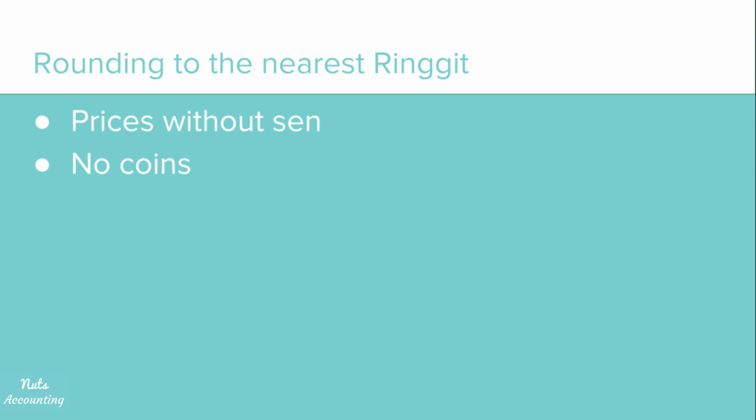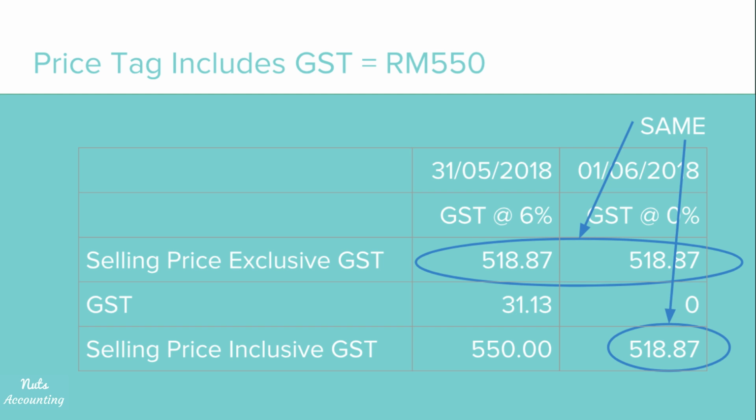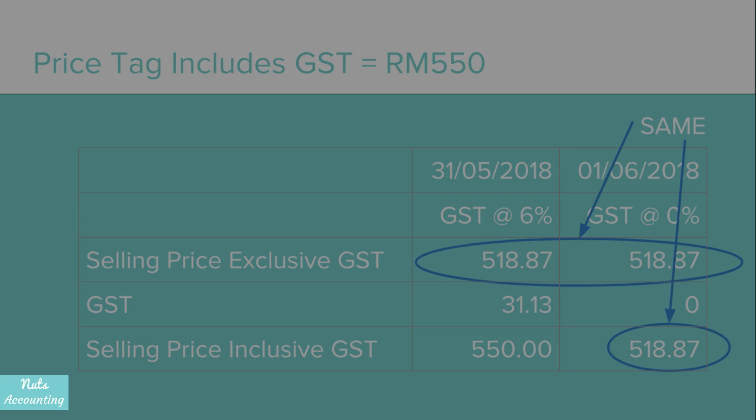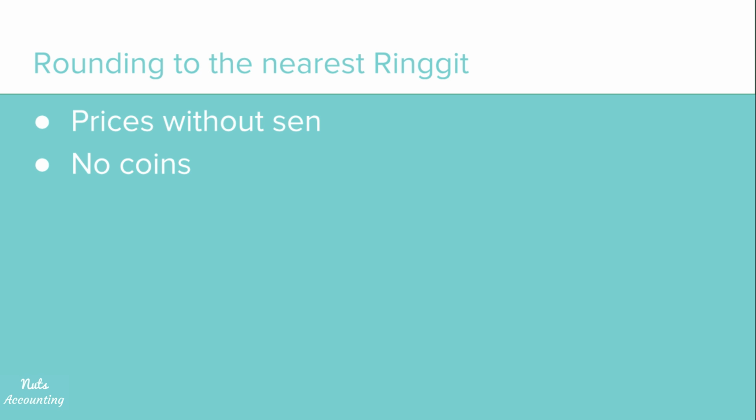Okay, if you fall into the second category just now, you see that your price is 518.87, right? It's very difficult for you to collect your money from your customer. Hey, give me 87 cents, right? And some businesses might not even want to collect coins at all. They will prefer to have the price rounded to the nearest ringgit.